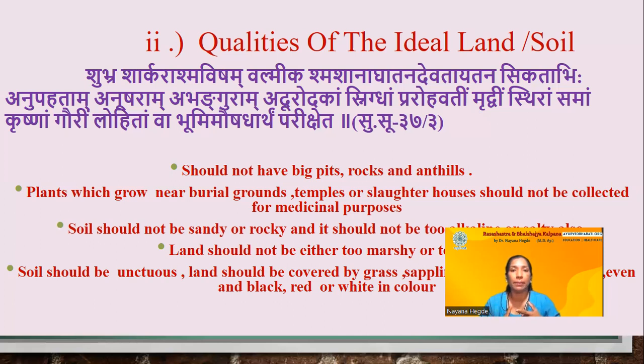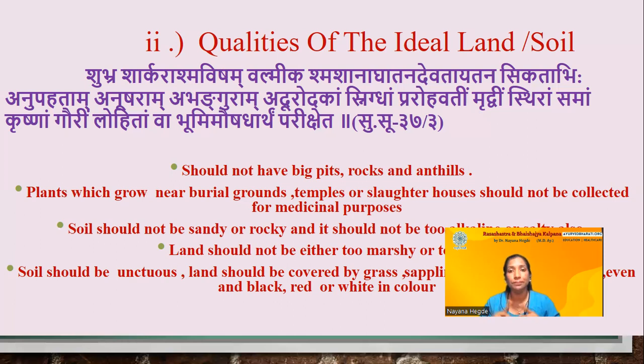Medicinal plants should not be collected from the smashana, agatana, devatayatana, and the land should not have too much sikata or be too sandy. It should not be too marshy, it should not be too alkaline or too salty, and it should not be very fragile land or marshy land, and the land should not be very dry for the collection of aushadhi dravya.